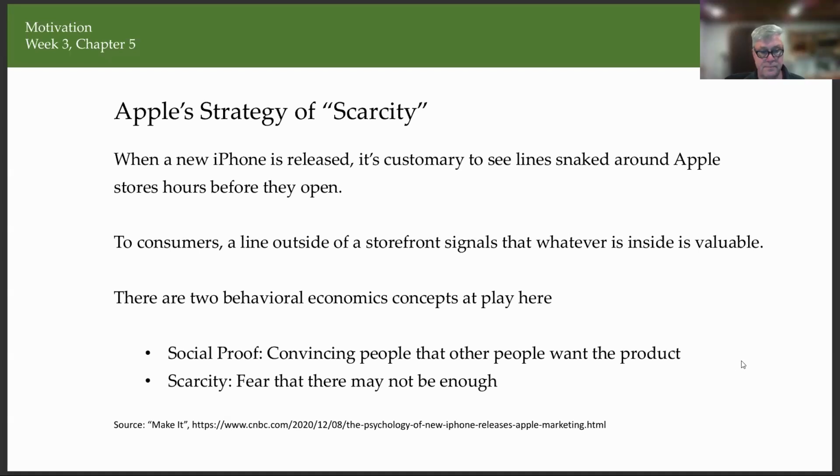And scarcity, fear that there may not be enough. And actually, scarcity is a tactic used by quite a few brands. If you shop online, sometimes they'll say how many left, and there'll be a counter showing how many of whatever item you're looking at are left. That's a scarcity strategy to get consumers to act quickly, close the deal.